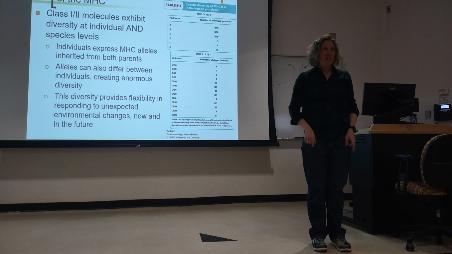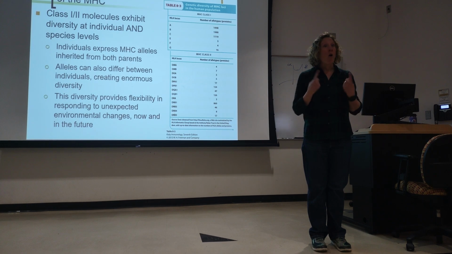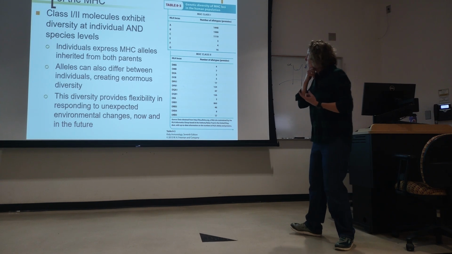For your MHC alleles, all of your alleles are turned on. You make the versions that you inherited from dad and the versions that you inherited from mom. You codominantly express them on the surface of all of your tissue cells that are capable of expressing MHC1 and MHC2. So it's a lot of variability there.